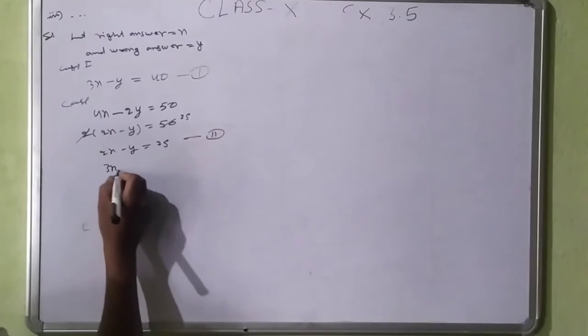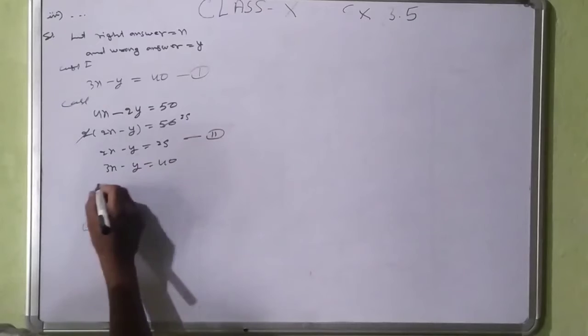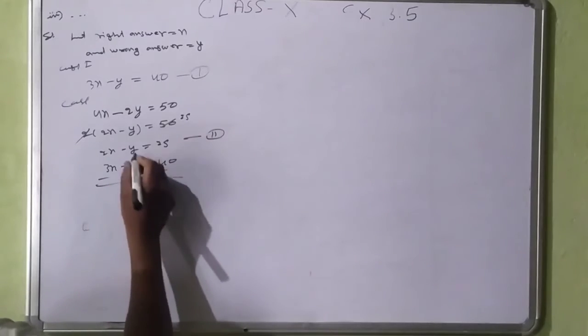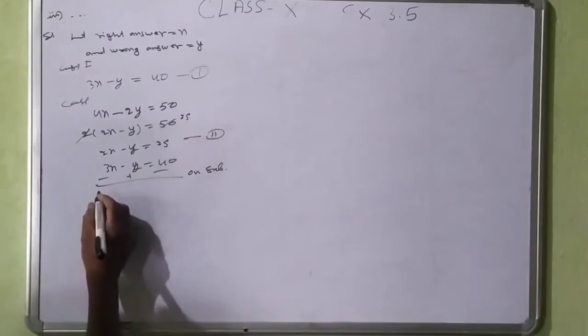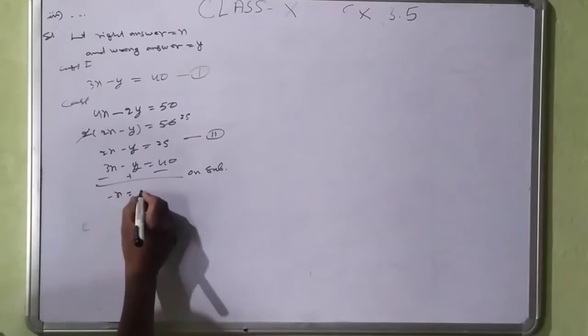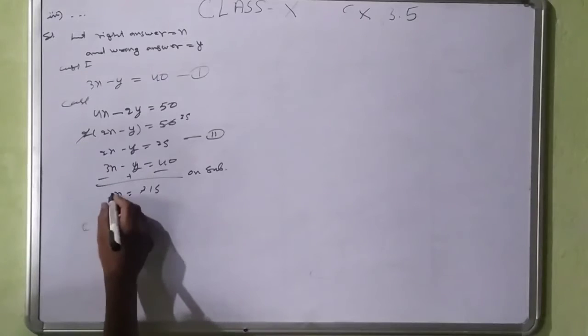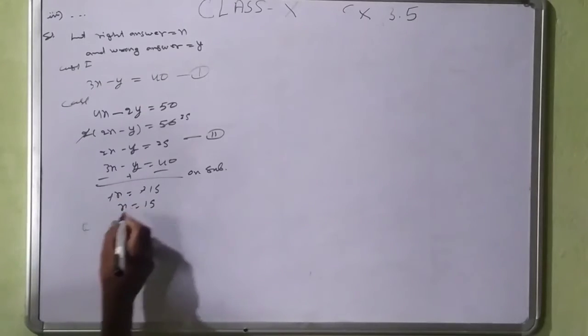Now 3x minus y is equal to 40. Change the sign and subtract; the y terms cancel. So minus x is equal to minus 15. Minus cancels minus, x is equal to 15.